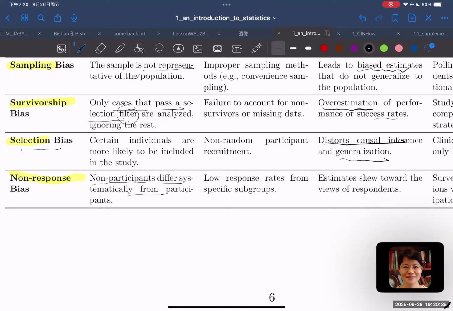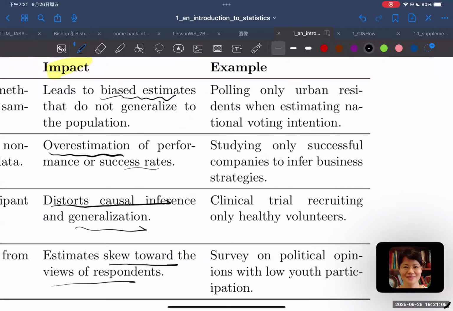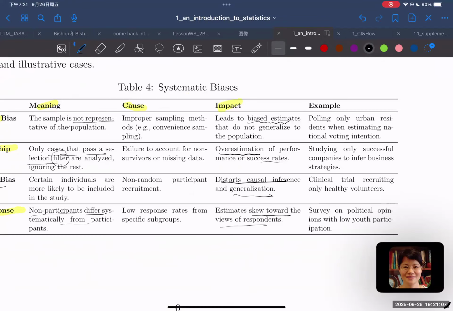And for the first one, the estimate is skewed towards the view of the respondents, like the example I mentioned: in the history of the United States, in presidential election predictions, only 2 times the prediction failed, just because the responding population had some bias. For examples, I do not mention them here, but you guys should be careful.